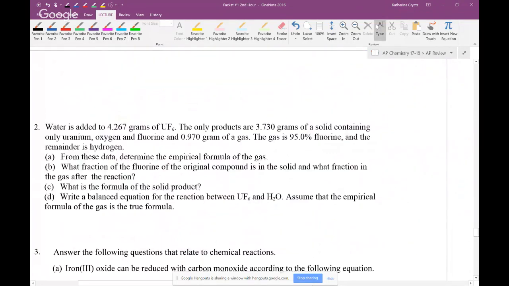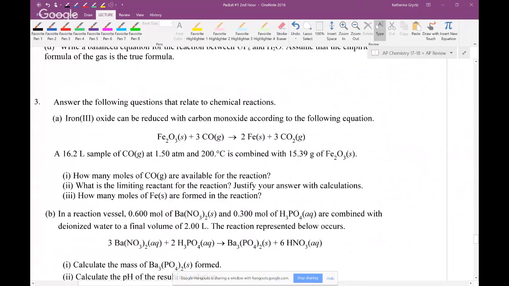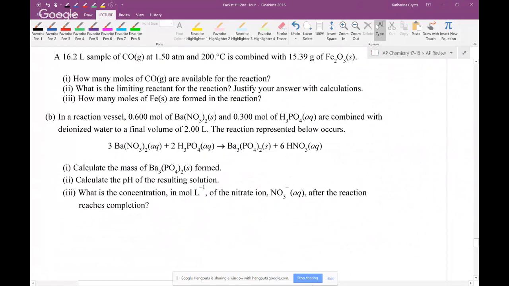Then 3B, 2, and 3, which you have to be able to do A to be able to do. A is, I'm pretty sure, your favorite: limiting reactant. But it's super easy.